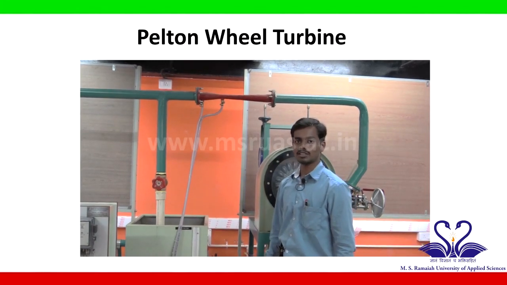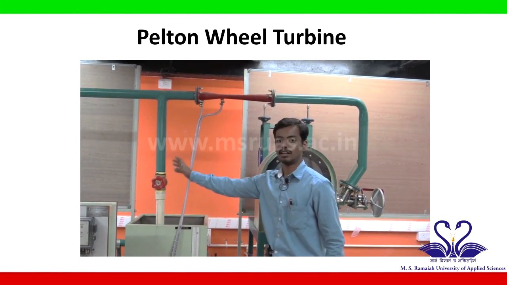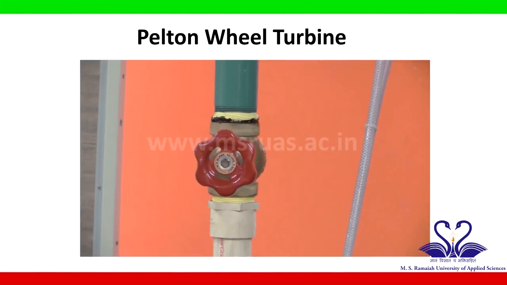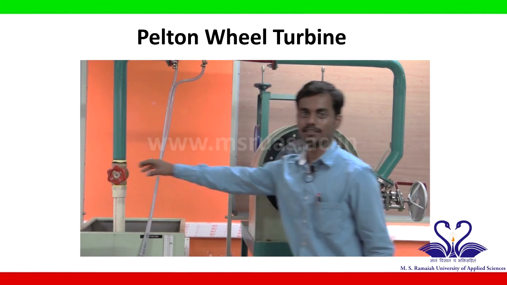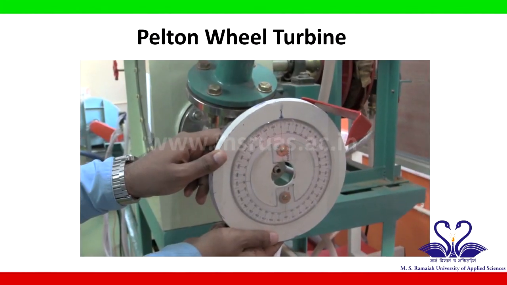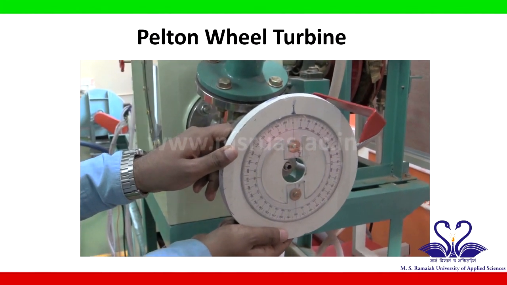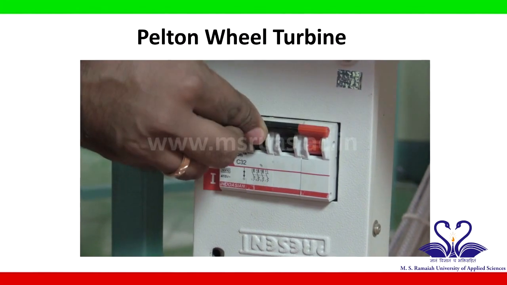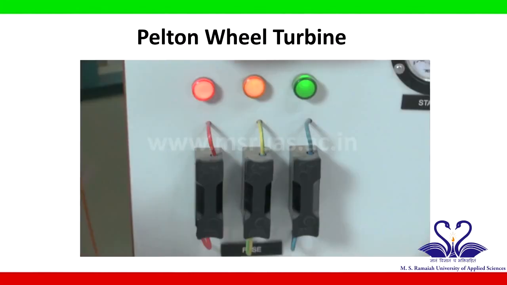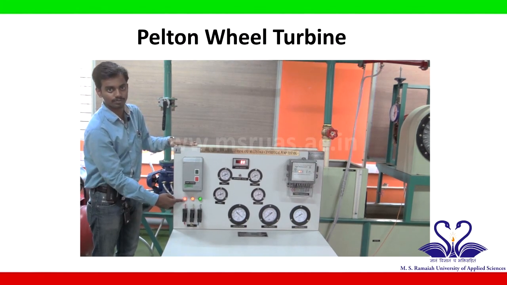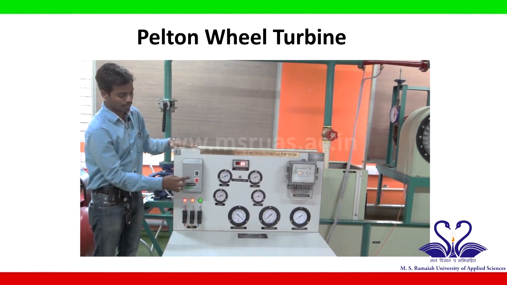Also, we must ensure that the bypass valve is completely closed and the spear head valve at the inlet of the Pelton wheel is completely open. The main switch of the MCB is to be turned on such that all the three indications on the bulb glow, and then we start the pump.